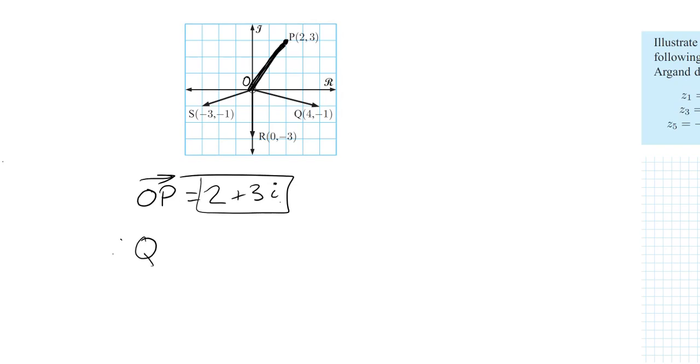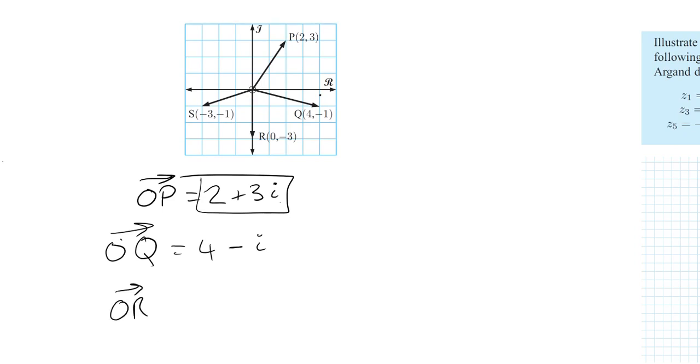What about Q? Well, OQ is going to be 4 minus i, right? The real component, the 4, because it is here, look, on the real axis, and minus 1 on the imaginary axis. So that's where these 2 particular parts are coming from. Okay, let's move on. Well, what about OR?